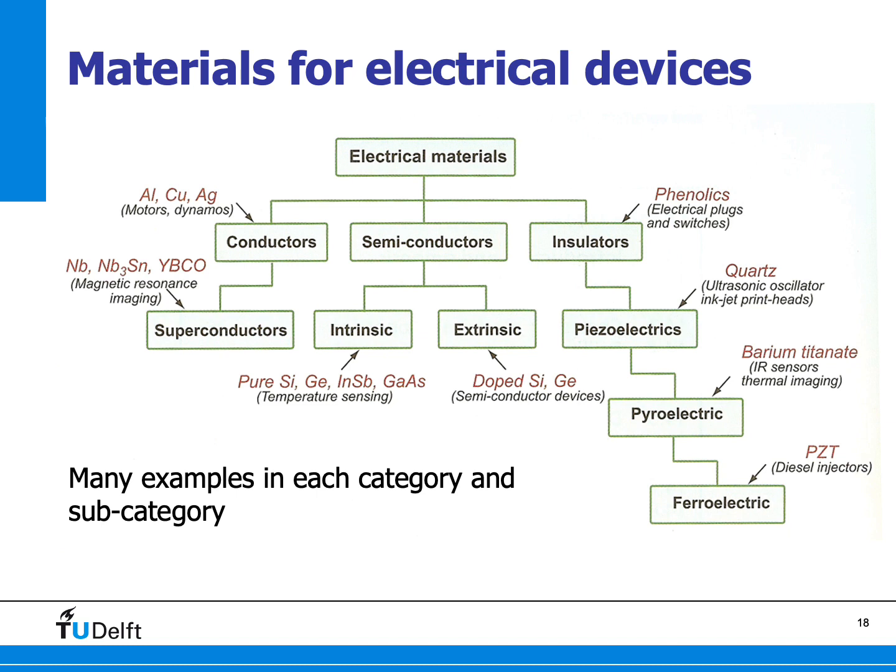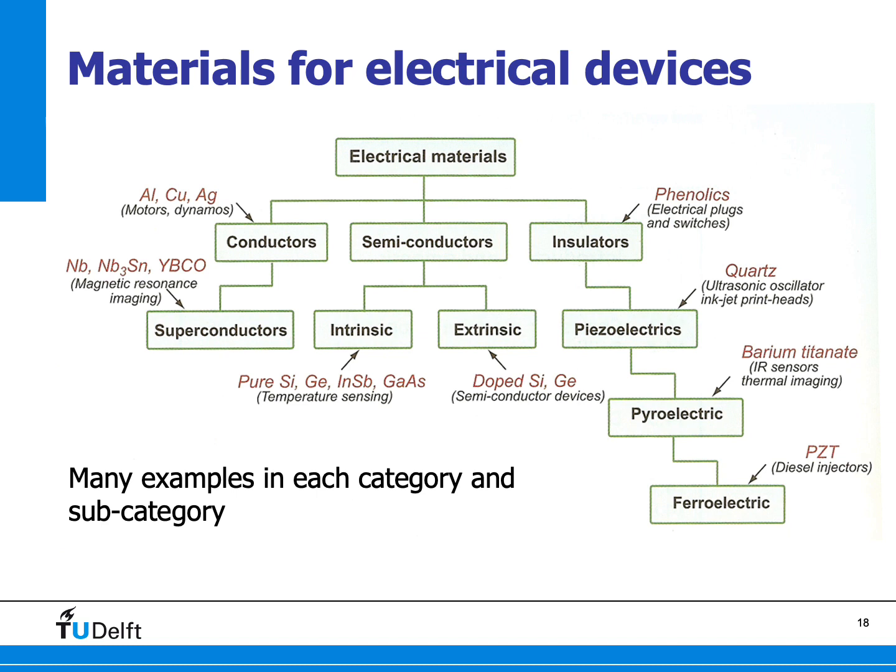Materials for electrical devices. So which materials do we have for electrical devices? What categories exist? We have the conductors, the semiconductors, and the insulators. When we look at the conductors, we can find underneath that the superconductors, which have zero electrical resistivity, so electricity is conducted without any losses.